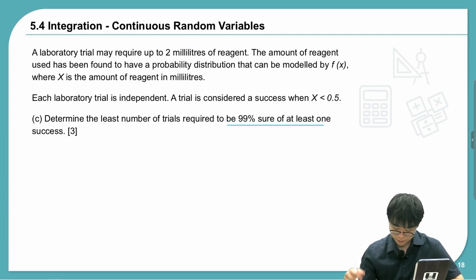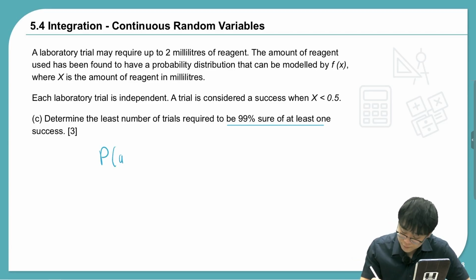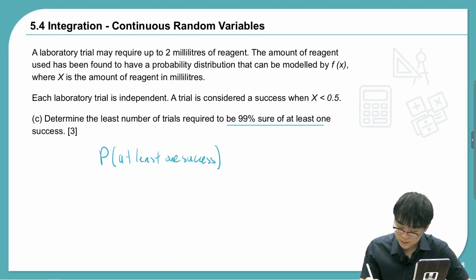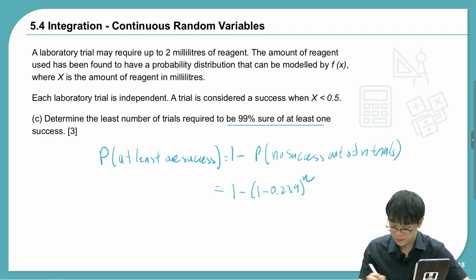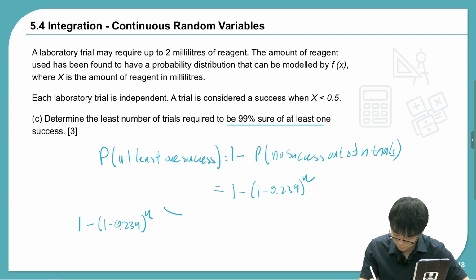So the probability of at least one success is equal to 1 minus the probability of no success out of n trials. So it's going to be 1 minus 0.239 to the power of n, and we want this to be greater than 0.99.